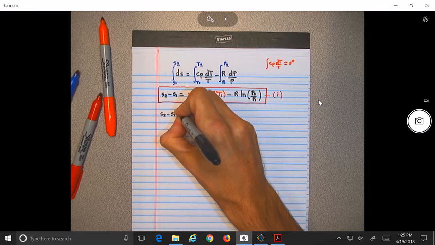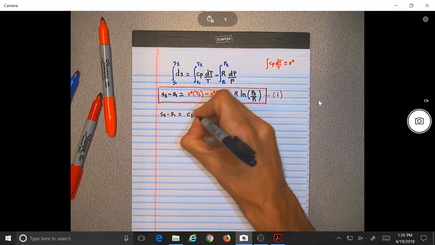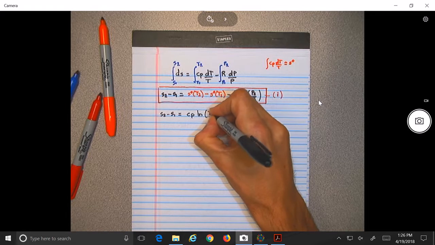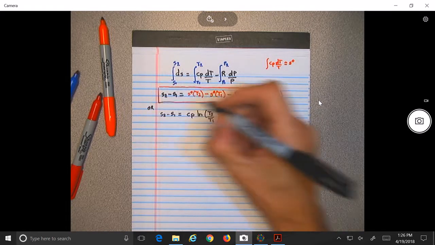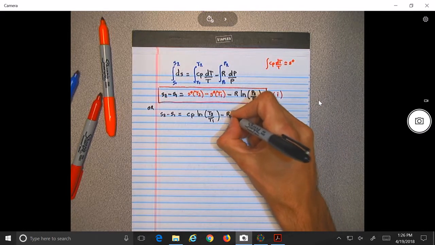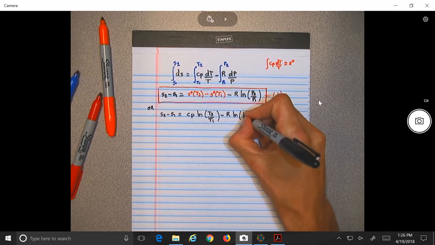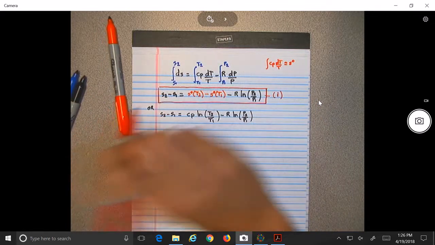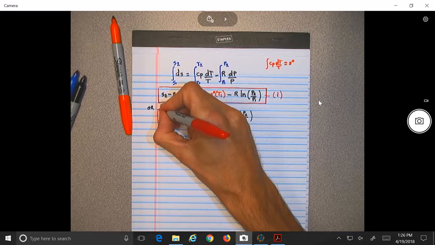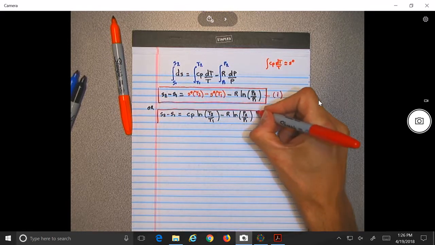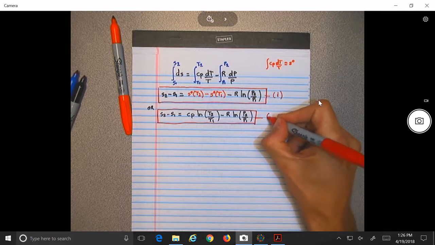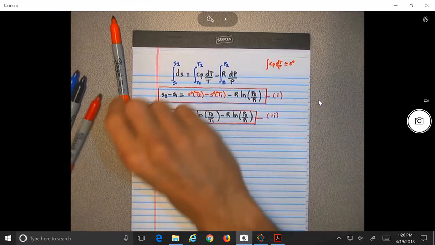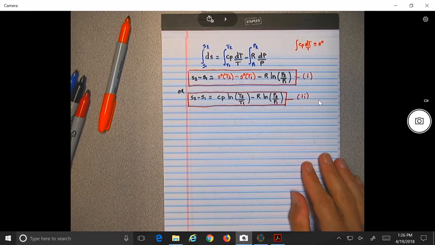S2 minus S1 equals Cp natural log T2 over T1, minus R log P2 over P1. And that will be equation 2.